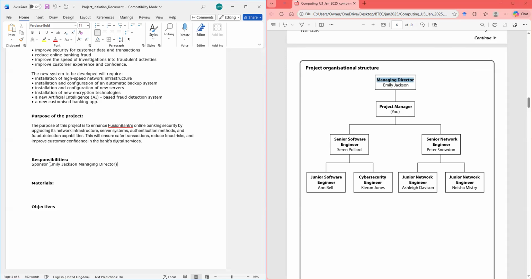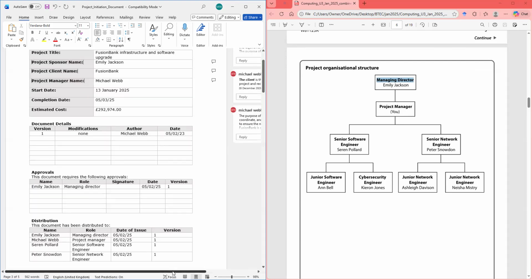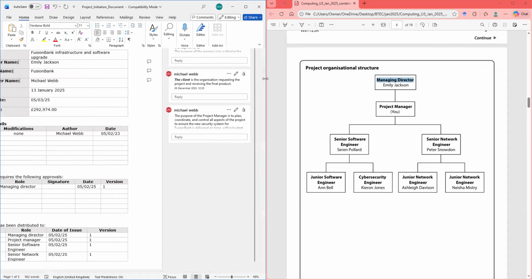I'm just going to put these in brackets. All right. And under it, I'm going to say what she's responsible for. And remember, I already said who the sponsor is.